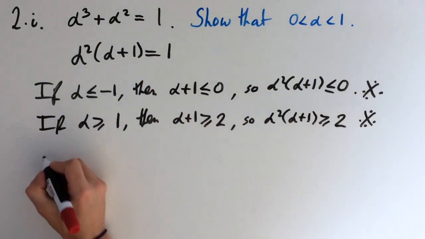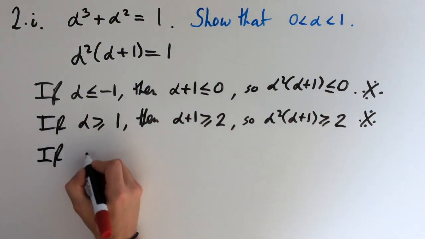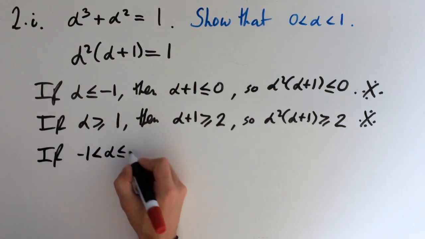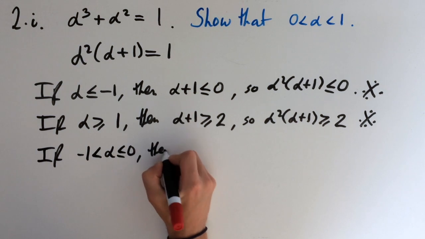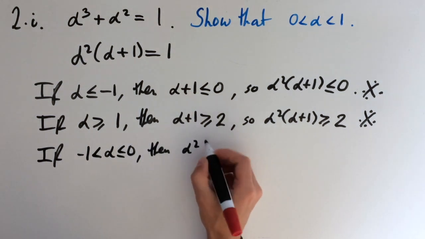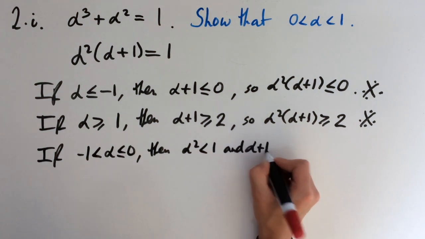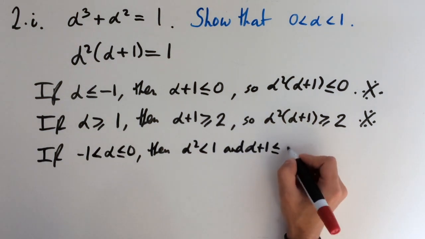Now for the last case, we consider if alpha is greater than minus 1 and less than or equal to 0. In this case, alpha squared is less than 1, and alpha plus 1 is also less than or equal to 1.